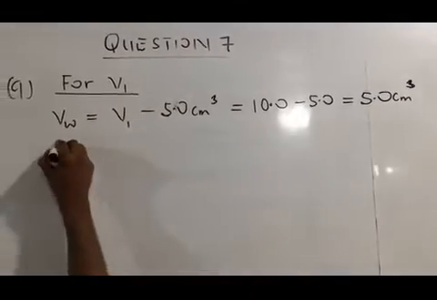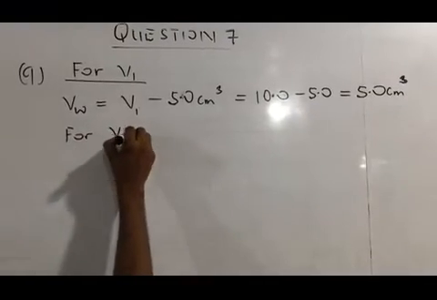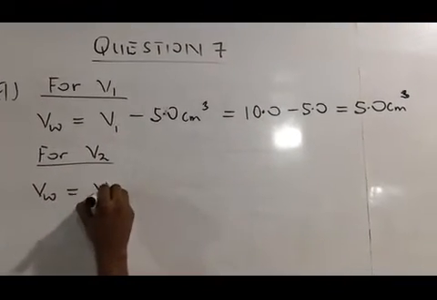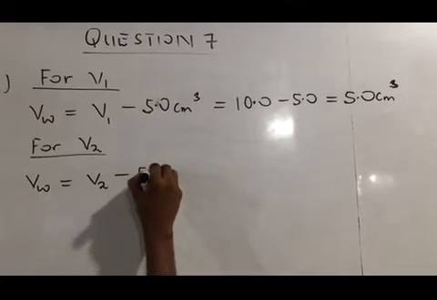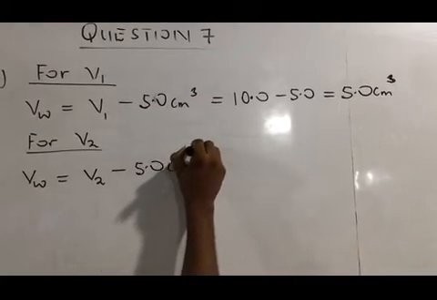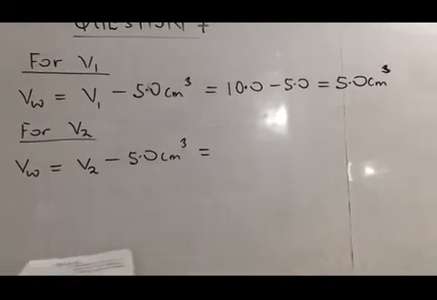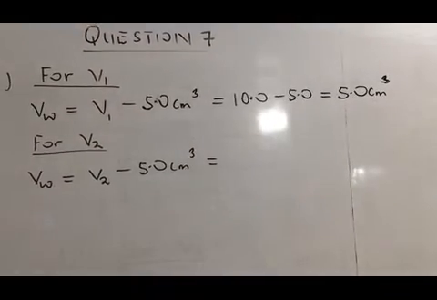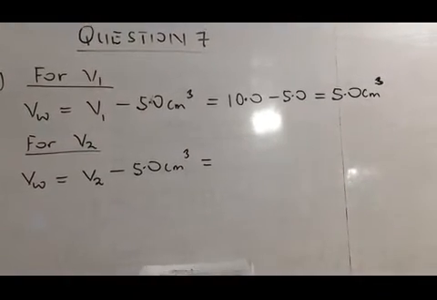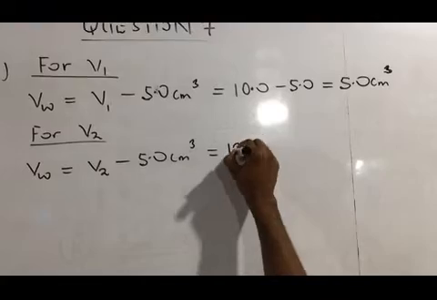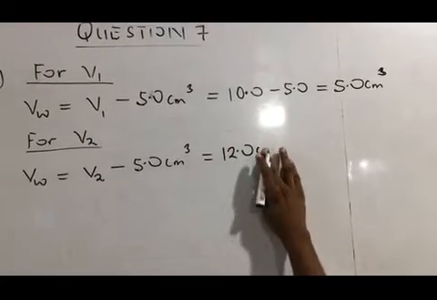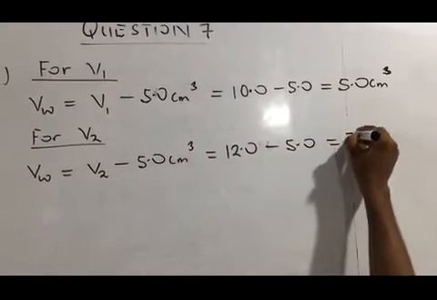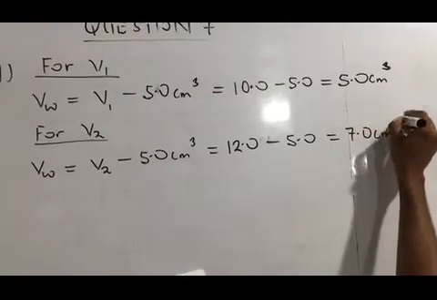And then for V2, the volume of water will be equal to V2 minus 5.0 cm cube. From the diagram, your V2 is pointing to 12. So that's 12.0 minus 5.0, and that gives you 7.0 cm cube.